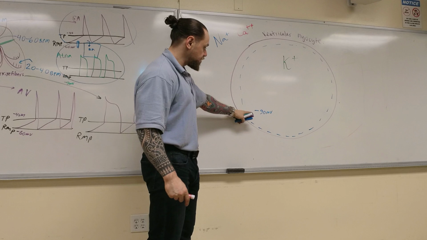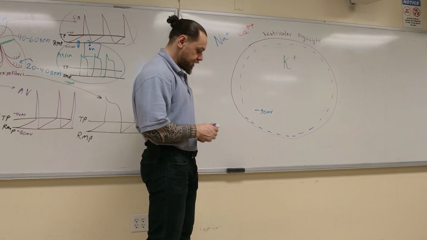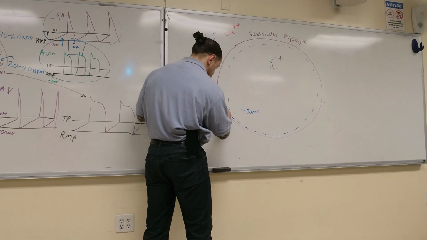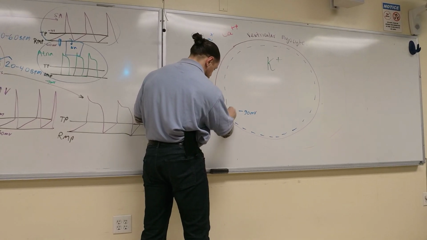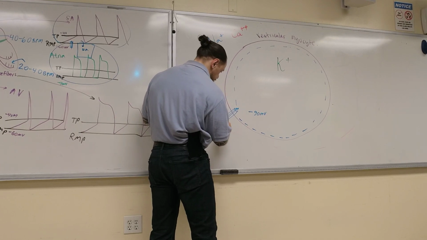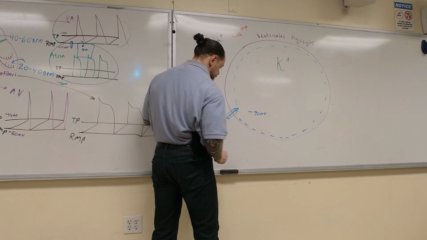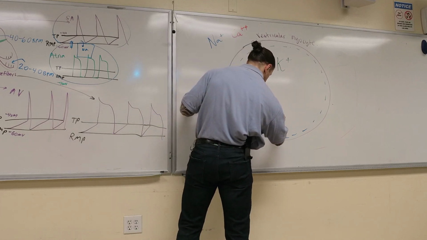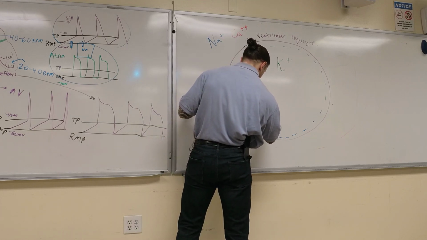So we said resting membrane potential was minus 90 millivolts, and on the surface of this myocyte, we have some leaky sodium channels that facilitate movement of sodium in and out. And if there's enough stimulation, enough sodium trickles in, it's able to take the minus 90 resting membrane potential to minus 70 millivolts, which is the threshold.